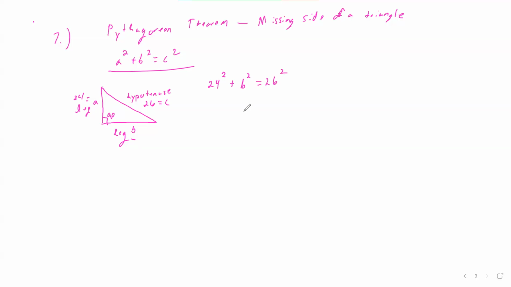So the first thing I got to do is figure out what these numbers squared are. What is 24 squared? Sounds about right. What is 26 squared? Sounds good. Now what do you think I would do next to solve for B?